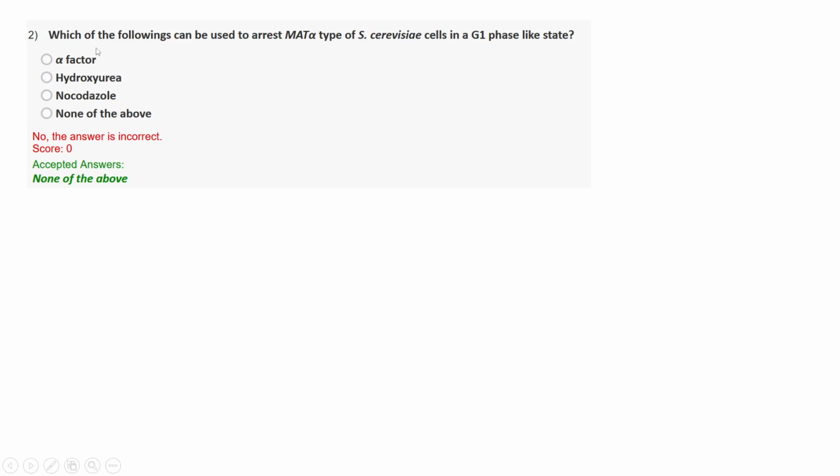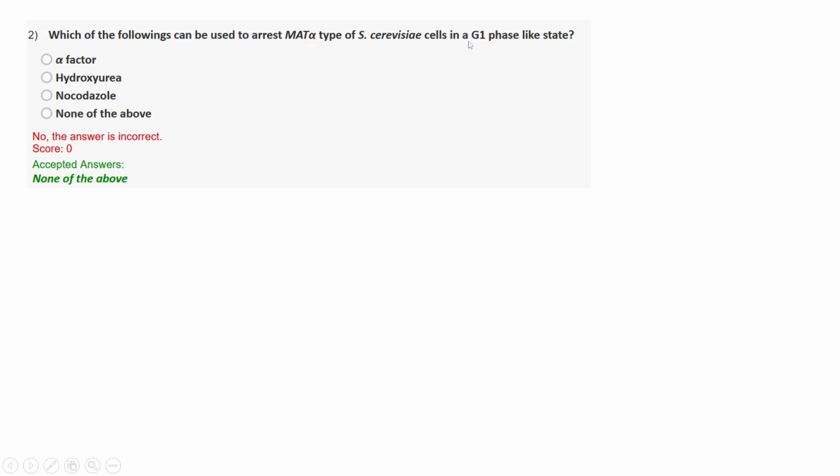The second question is: which of the following can be used to arrest MAT alpha type of yeast cells in the G1 phase? Here you have three molecules, and we must say which will arrest the MAT alpha cells in the G1 phase.